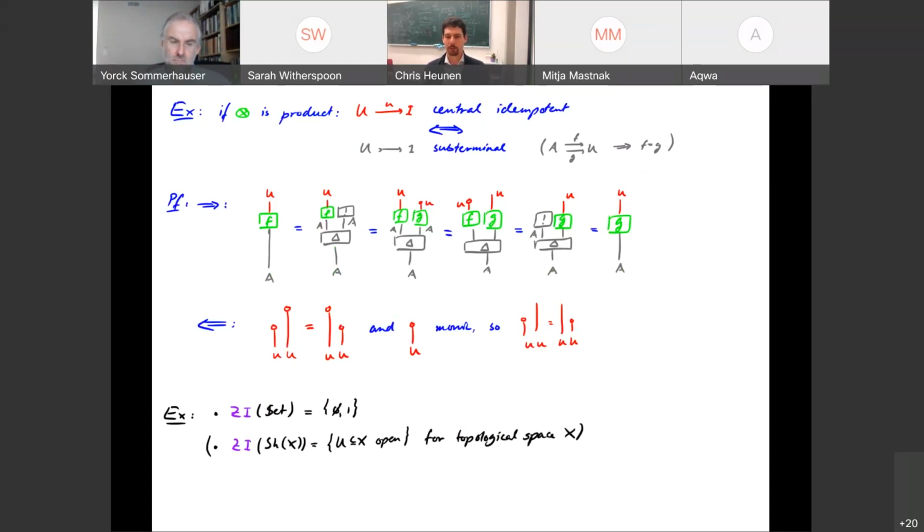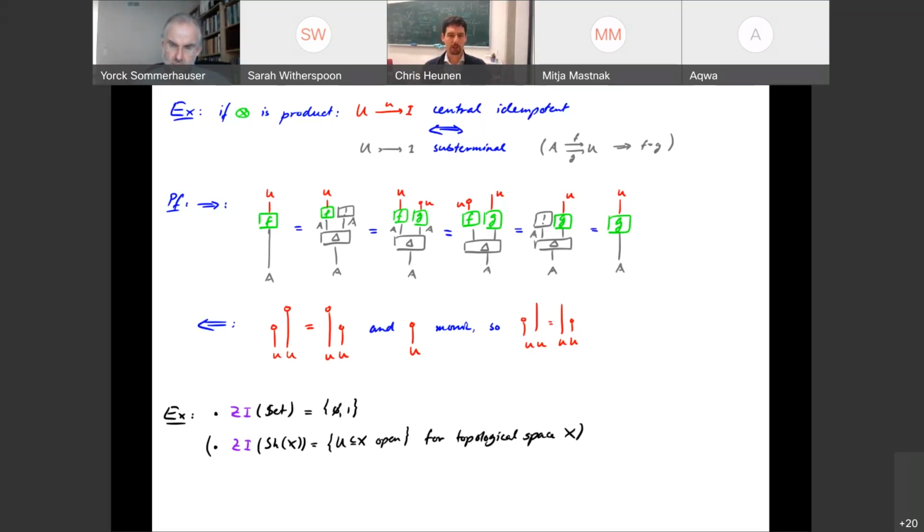You can prove there that a morphism into the tensor unit is a central idempotent exactly when it is a subterminal object. By that we mean it's a sub-object of the terminal object. Another way to say that is, if you have two parallel morphisms from some object A going into it, they must be equal. So there's at most one morphism going into it from any object.